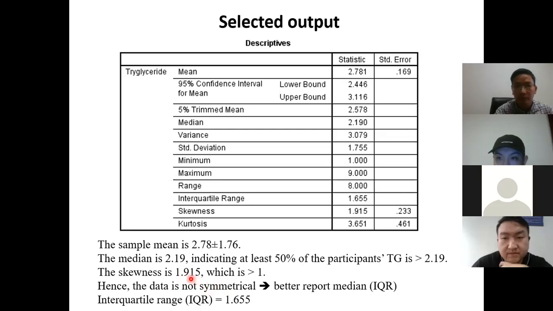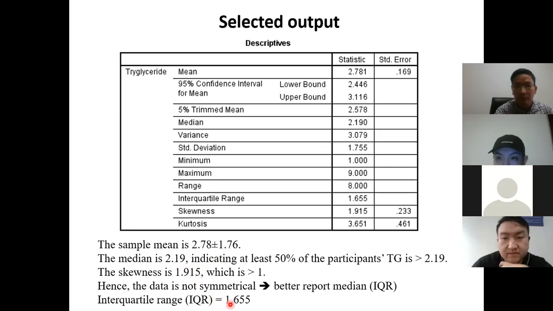So when data is not symmetrical, it's better to use median and IQR in the summary. Median and IQR. So that's the median. IQR, interquartile range, that's IQR. This is not very accurate because data is skewed. This is more representative, median and IQR.